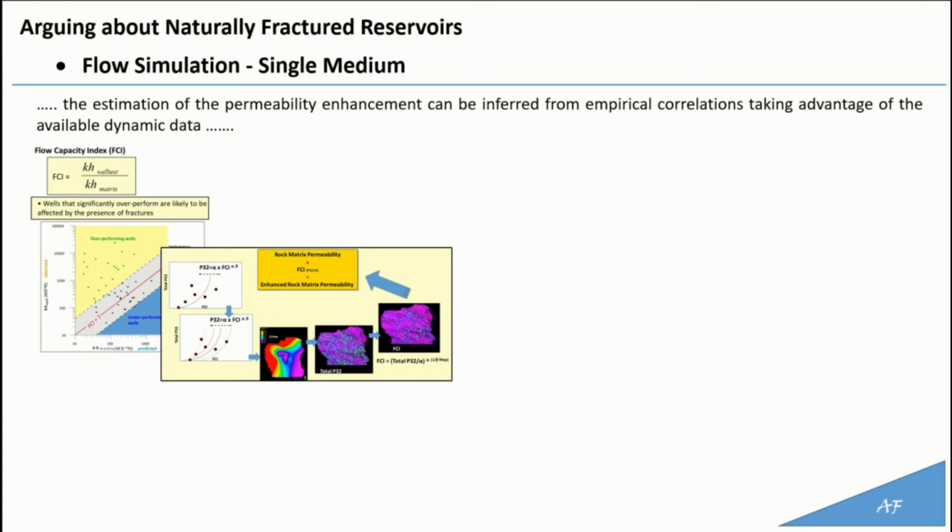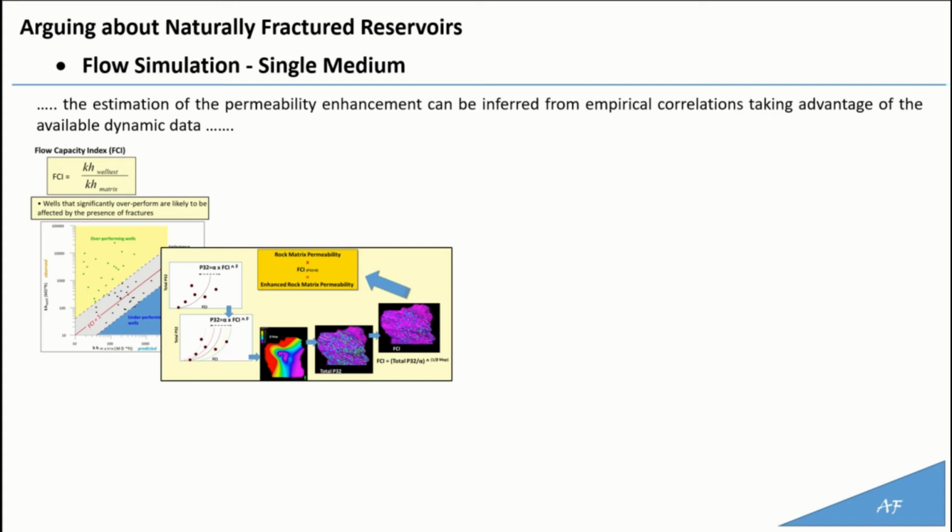The estimation of the permeability enhancement can be inferred from empirical correlation, taking advantage of the available dynamic data that should already include the inverse correlation with the rock matrix porosity and permeability.